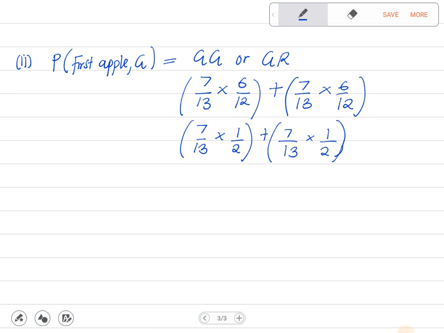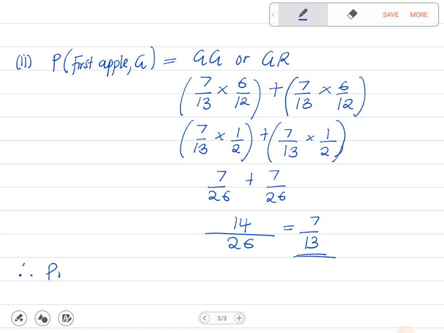So this will give us 7 over 26 plus 7 over 26, which will give us 14 over 26. And of course, 2 into 14, 7. 2 into 26, 13. That is the final answer. Then you conclude.